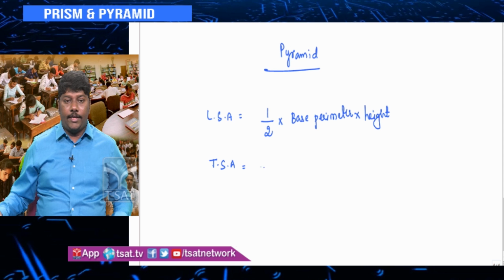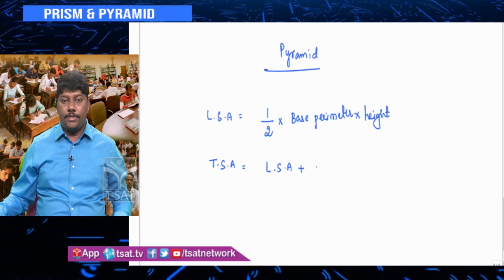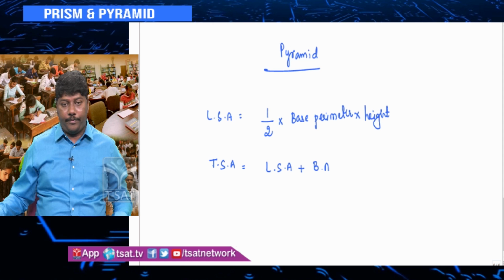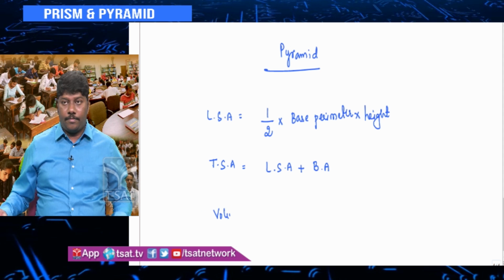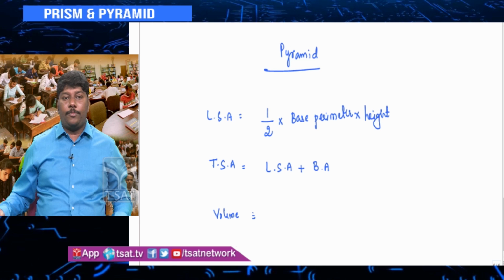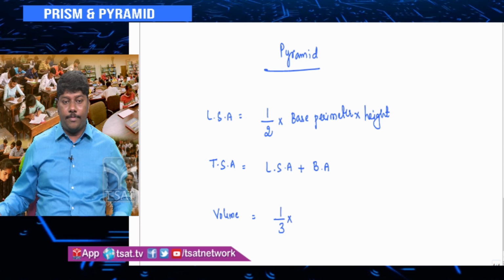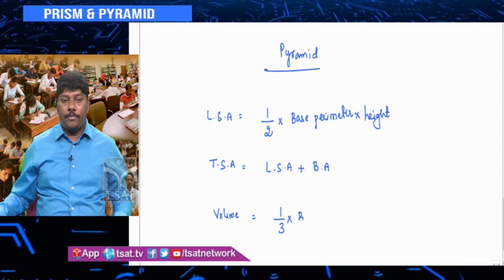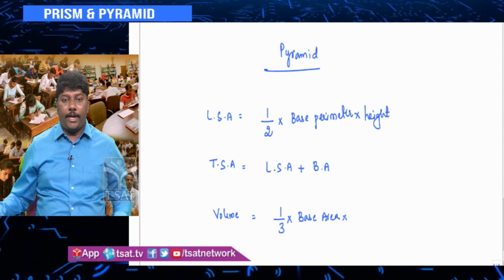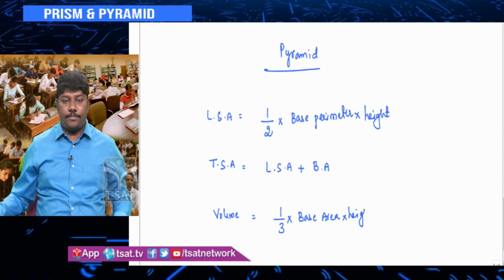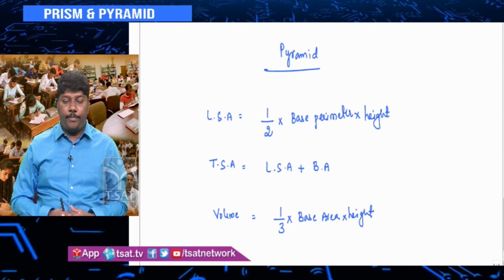Total surface area is the lateral surface area, along with which you just need to add the base area. What is volume? Volume of the pyramid is exactly 1/3 of the volume of the prism. What is the volume of the prism? Base area, you multiply it with height. So, these are the formulas related to the pyramid.